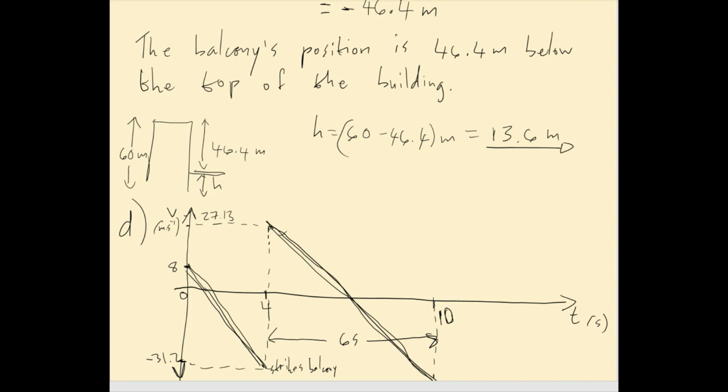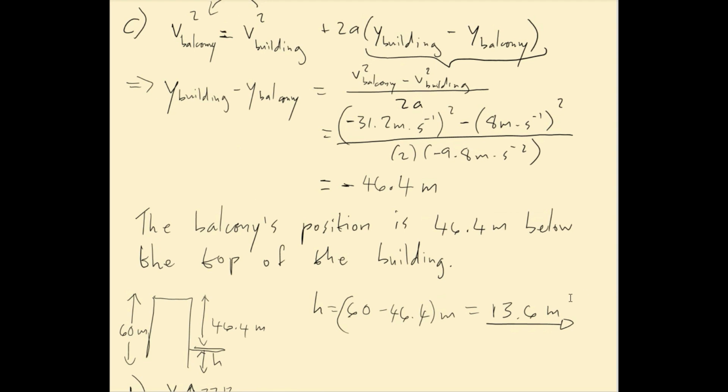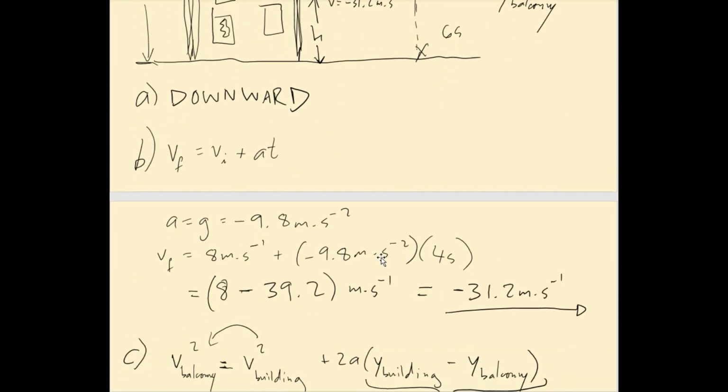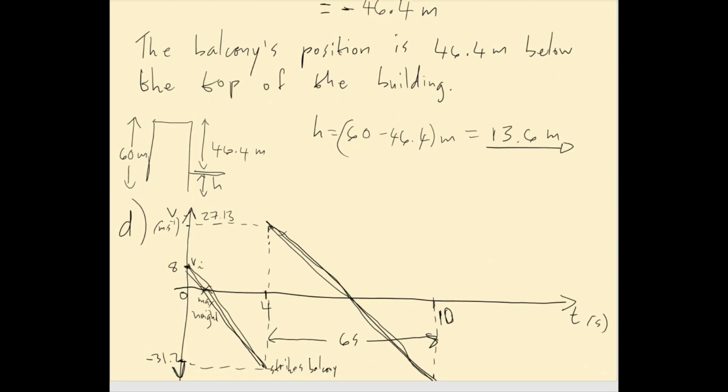So initial, I can just put the initial VI. We can even put the maximum height, maybe. And then the other one is, let's see what else they want. The velocity with which the ball bounces off the balcony, we can say this is here. This piece here bounces off the balcony.